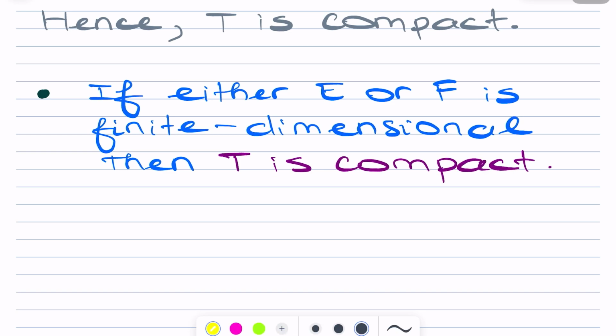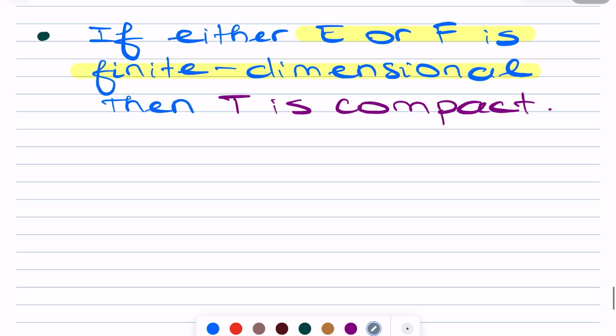So if one of the spaces, be it the domain or the codomain, is finite dimensional, then T is compact. It is very easy to see. Indeed, if the codomain is finite dimensional, then there is nothing to show, because the range will be finite dimensional, so you obviously have a finite rank operator, and therefore a compact operator.